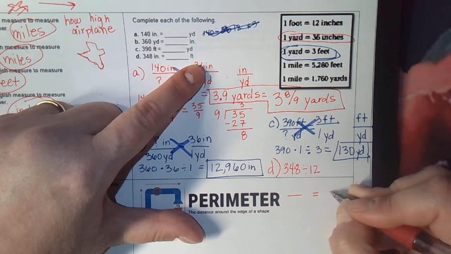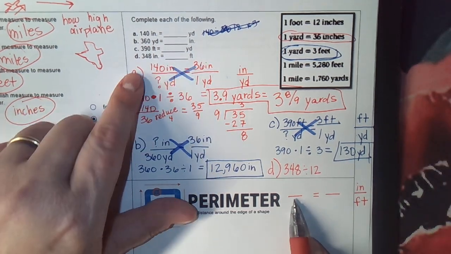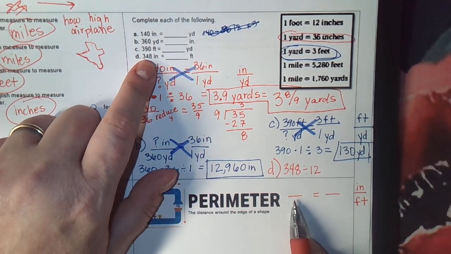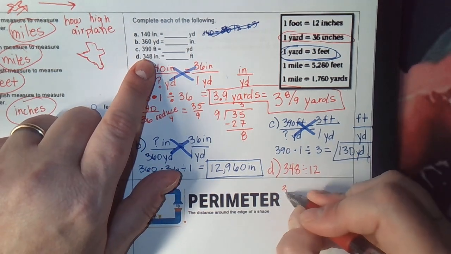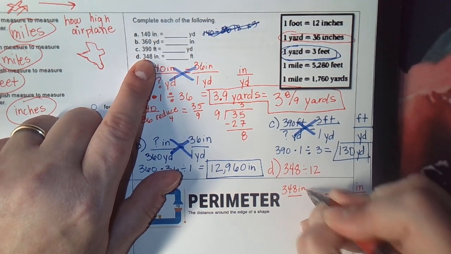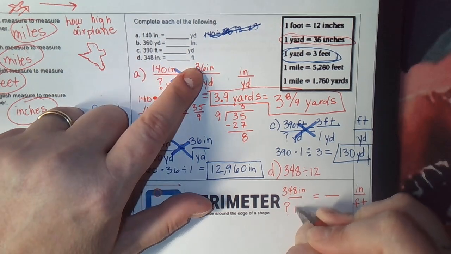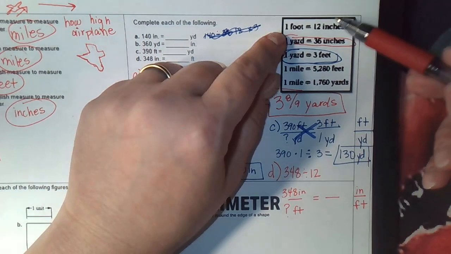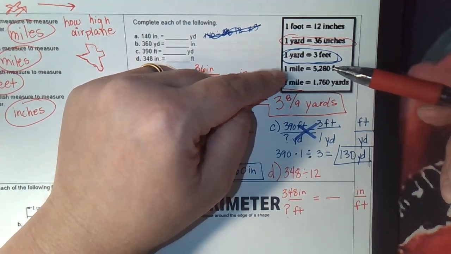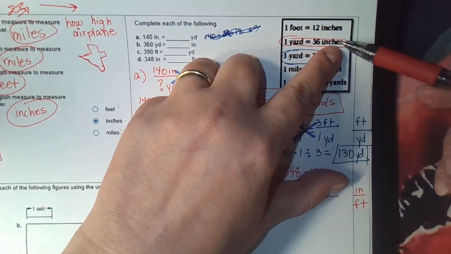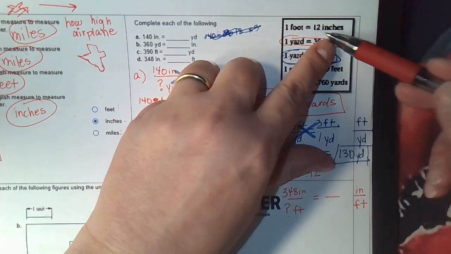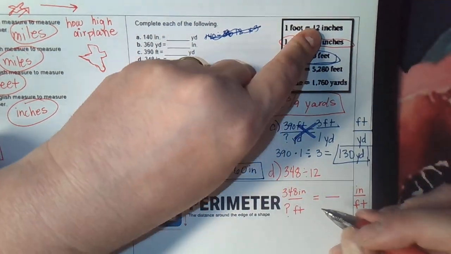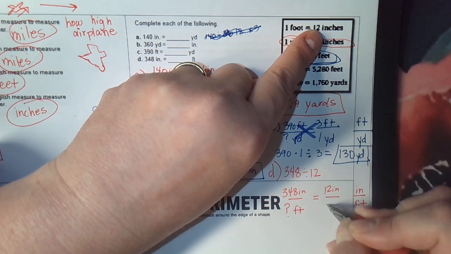So then my little equation of fractions would look like 348 on top, inches, over question mark, feet. Then I would look for inches and feet in this conversion box. Inches, inches, inches, inches. But we need feet. Inches and feet. Where 12 inches is 1 foot.